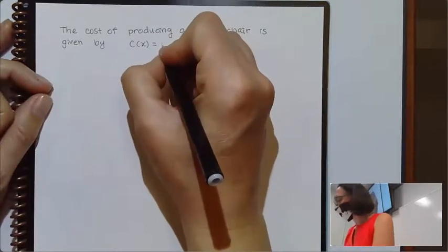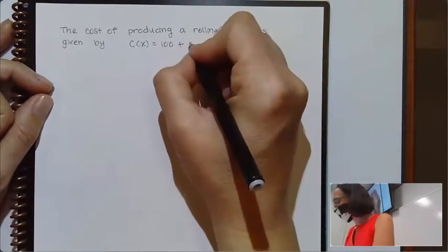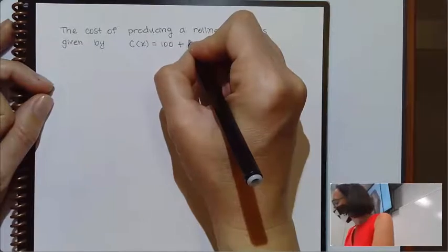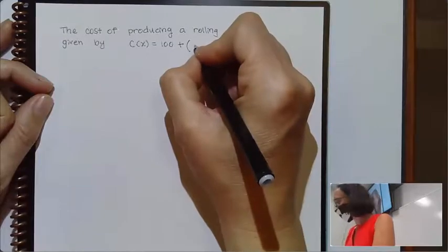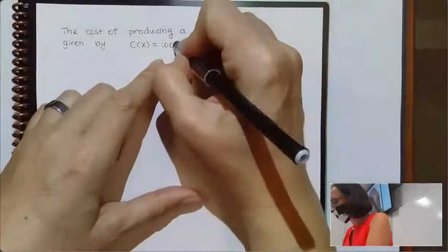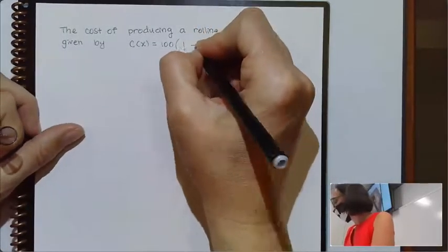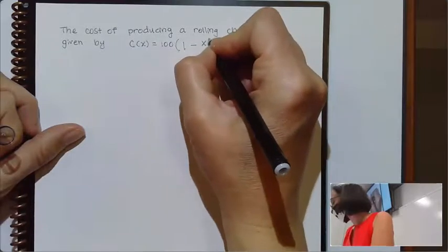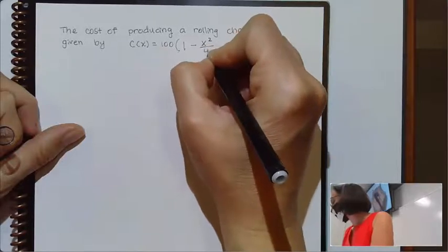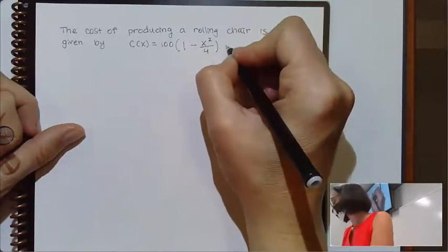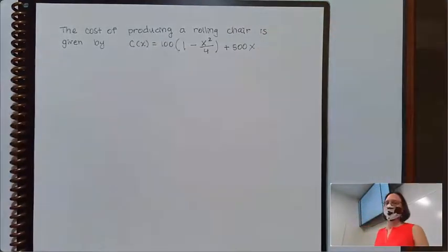Let's go with 100 plus, nope, I want that to be 100 times 1 minus, oh, this is really, yeah, I've completely made up some garbage.